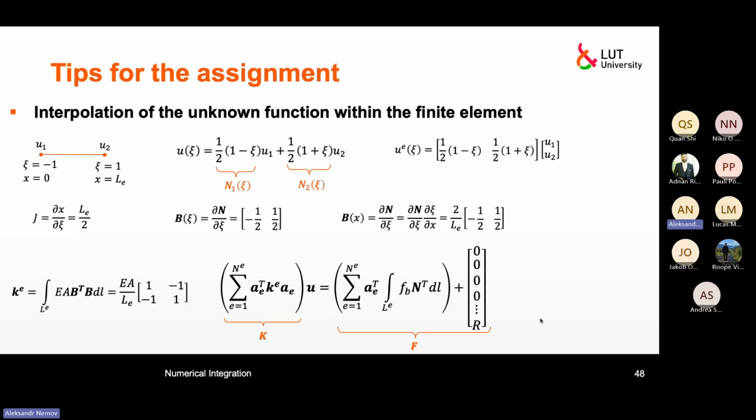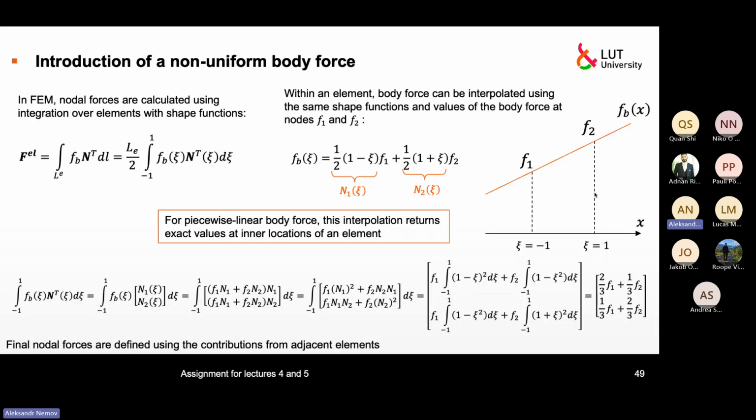I hope not. And one thing that might be a bit difficult here in comparison to what we did in class is how to incorporate this body force. It comes into this variational form as an integral, and therefore on the right-hand side you have this integral in this form. This is the value of the body force, and this is the shape function.